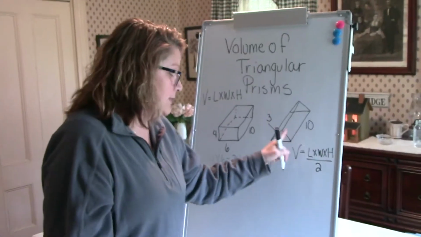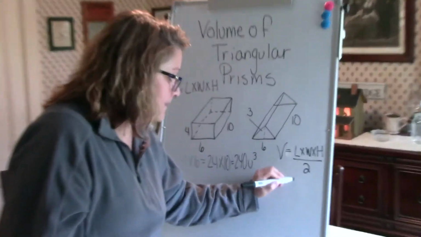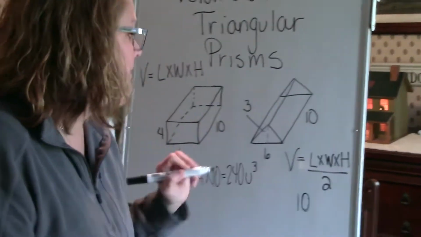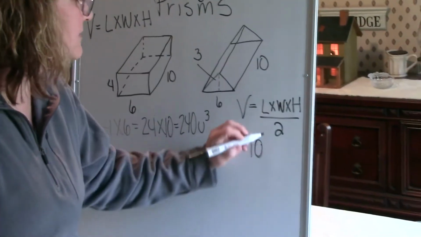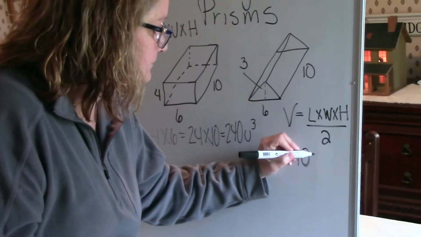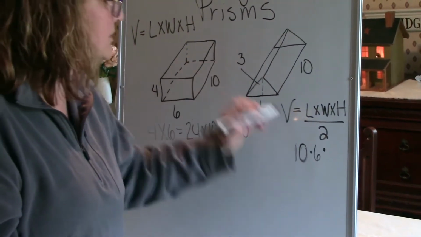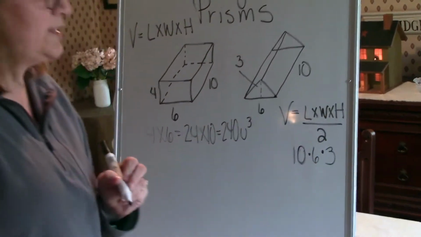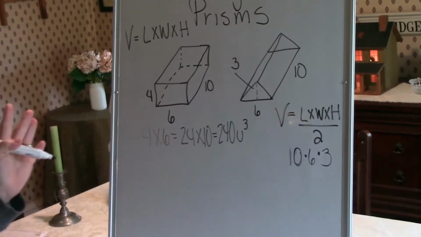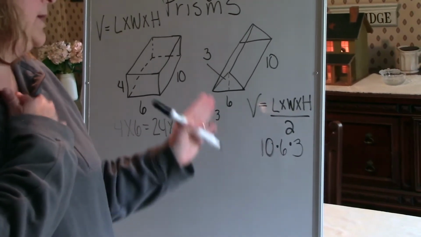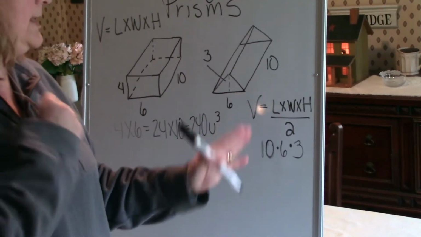So, the length is 10, okay? The width looks to be 6. And the height looks to be 3. So we're going to take those 3 numbers and multiply them together. So 10 times 6, that's 60, and 60 times 3 is 180.